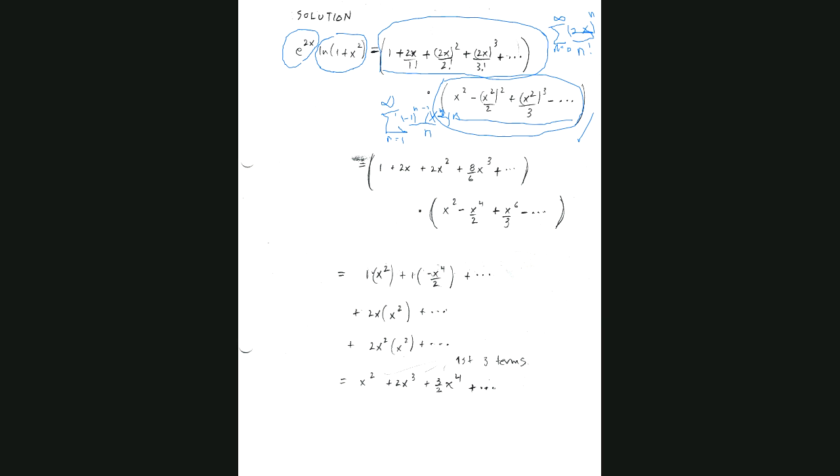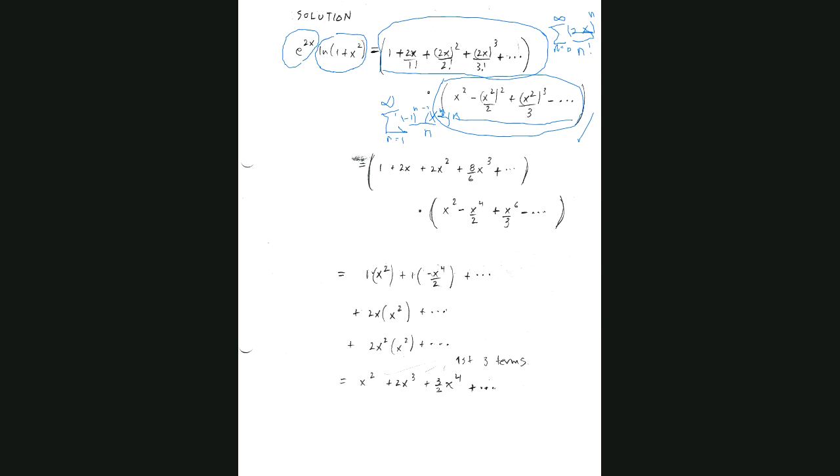And then you'll detect a pattern, and then you can get the series for the product of the two functions. However, in this case, all they're asking you to do is find the first three non-zero terms. So the first three non-zero terms in the Maclaurin series would be the terms with the lowest degree.